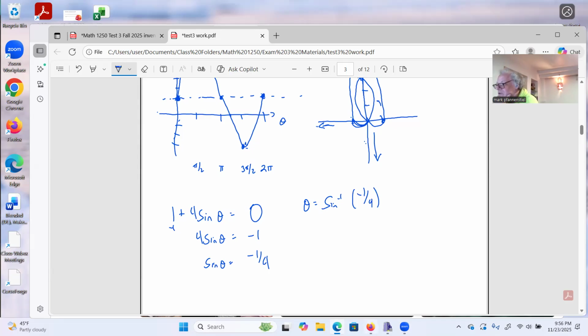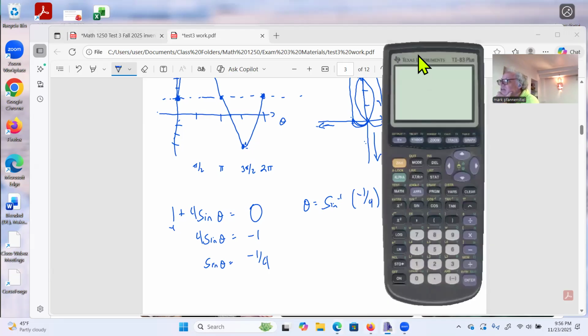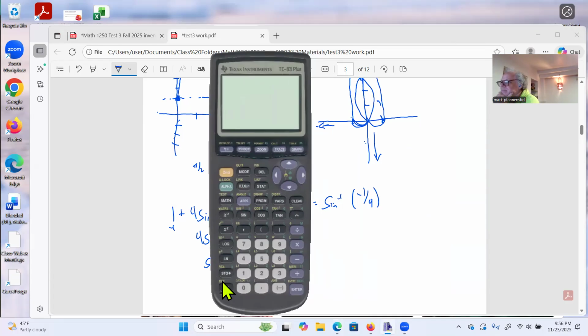Here's where it's going to get a little tricky because I think I'm in degrees. Let's go ahead and clear everything here. So this is the inverse sine of 0.25. I'm going to just use 0.25 because I'm going to get the reference angle for myself first, and then we'll go ahead and show you what has to happen with everything else.